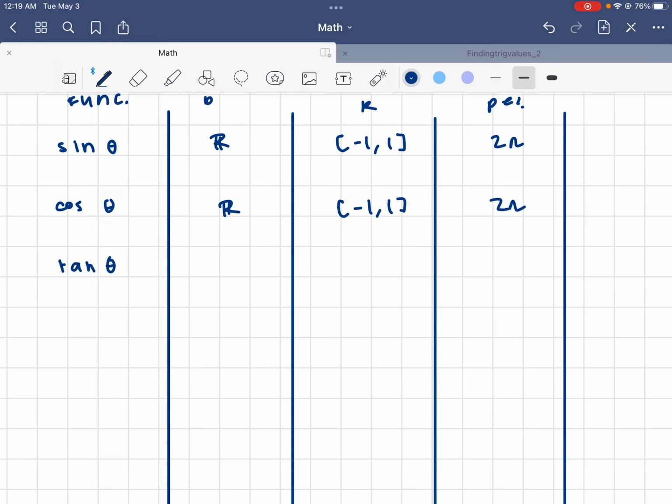For tan, the domain is all reals except k pi plus pi over 2.